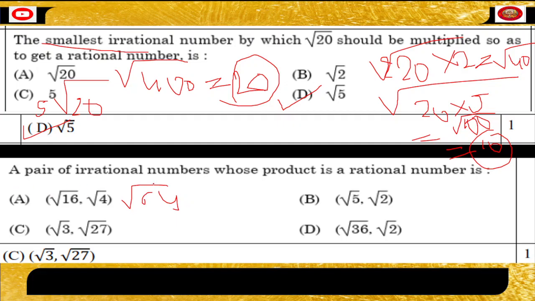A pair of irrational numbers whose product is a rational number. Here, 27 into 3 is 81, and the square root of 81 is 9. That means a pair of irrational numbers whose product is a rational number is option C, the right answer.